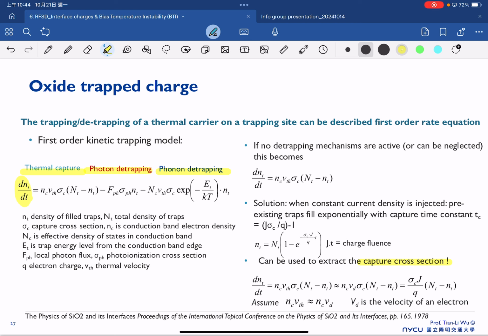But in my experience so far, I haven't had a chance to calculate the capture cross section in my own research, because basically we assume our capture cross sections are for a neutral trap to simplify the mechanism. But probably your research is more advanced than what I did, so you may need this equation in the future.